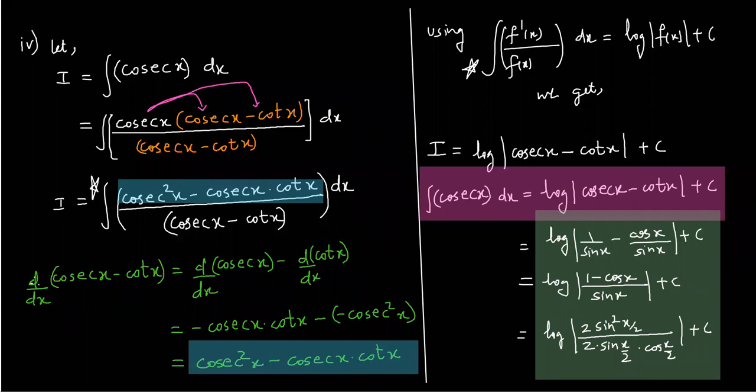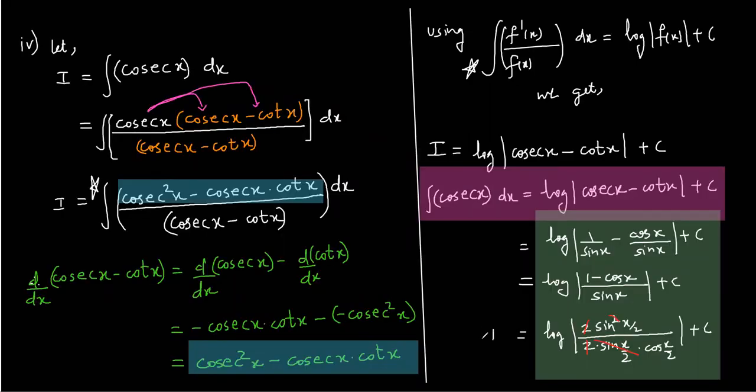Okay. So next, students, what you will do is sin x by 2 cancels and 2 cancels. So we have log of sin x by 2 upon cos x by 2 left. So I equals to, what do I mean by I? By I, what do I mean, students? This is I, which is integral cosec x dx.